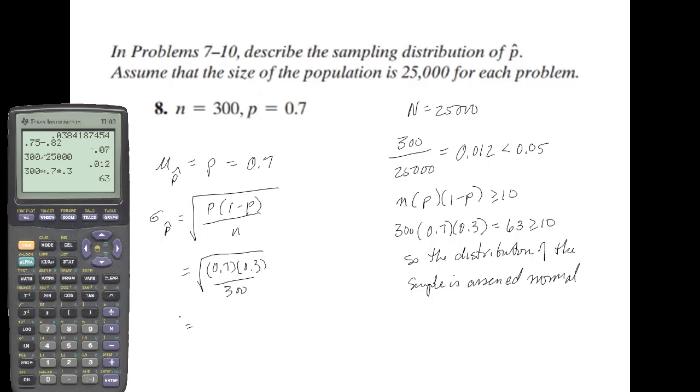I'm going to put that in the calculator: square root of 0.7 times 0.3 divided by 300, and that equals 0.026 and some change. So that's the standard error of the proportion p hat for a sample size of 300. All right, next problem here.